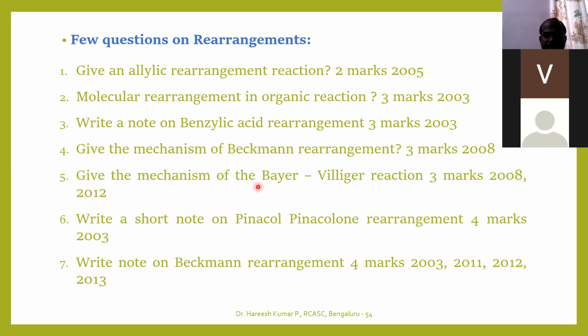Give the mechanism of Baeyer-Villiger reaction. Baeyer-Villiger reaction or Baeyer-Villiger oxidation, both are the same. What will happen here? A ketone is converted into an ester.